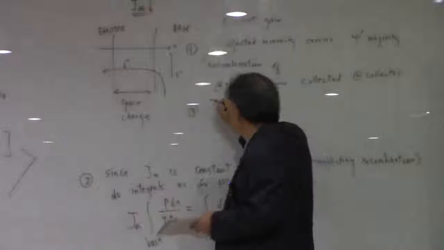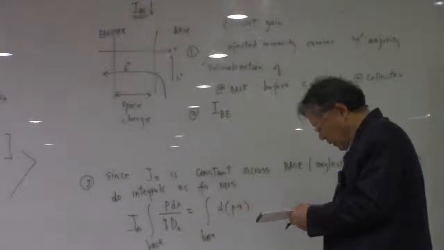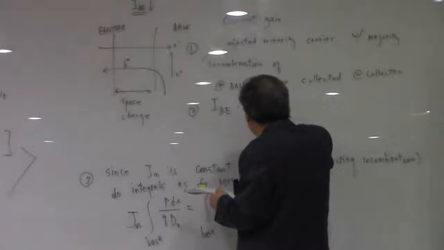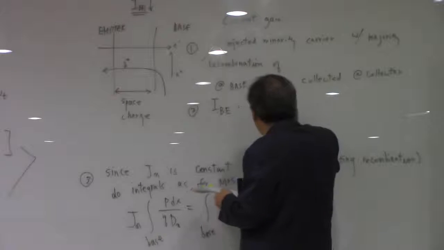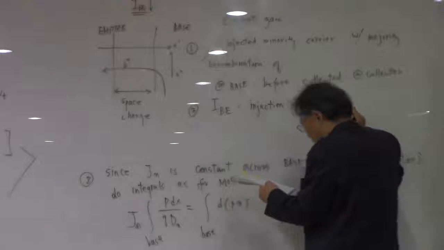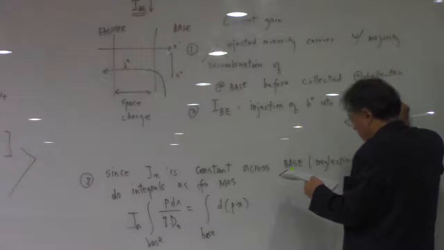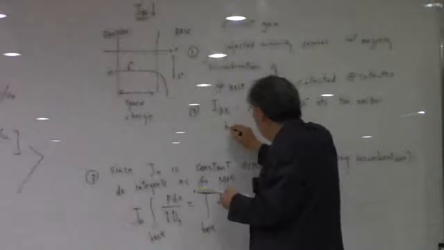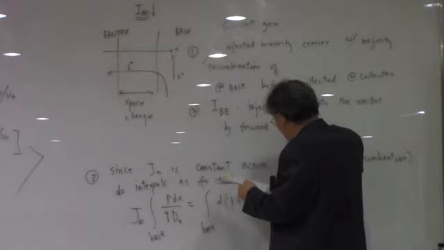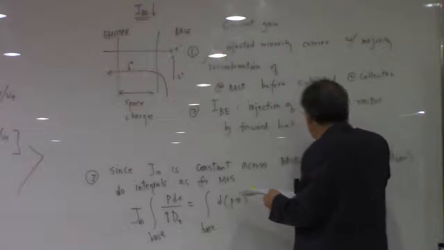So we have to calculate that IBE, okay? And that is going to be injection of holes into the emitter by forward bias emitter to the base. Okay?